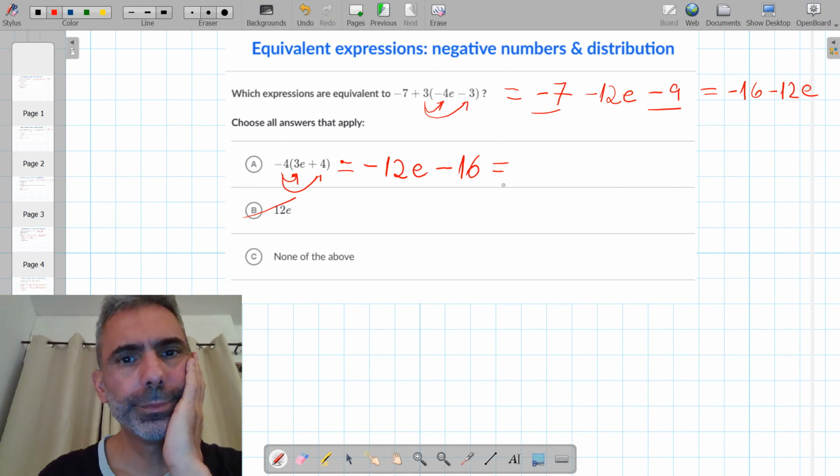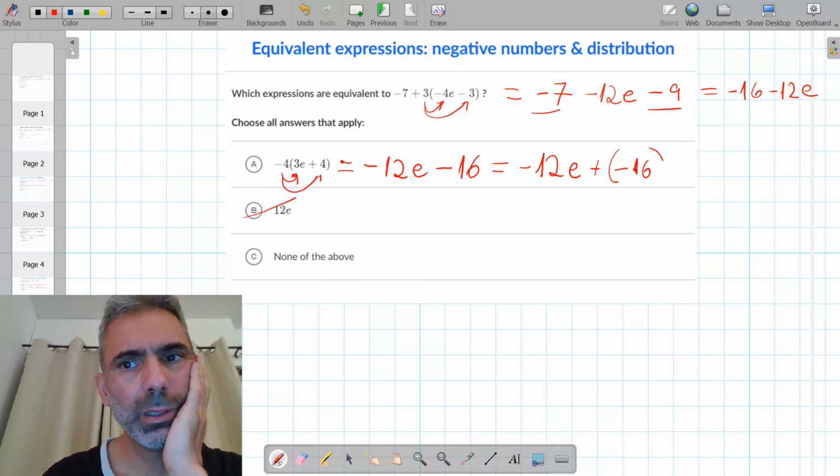Let's see. This is like minus 12e plus negative 16.